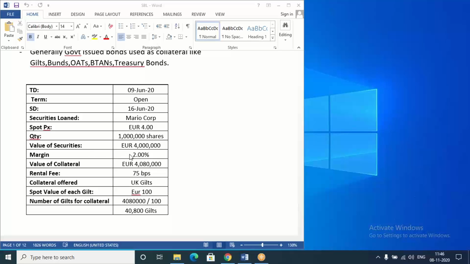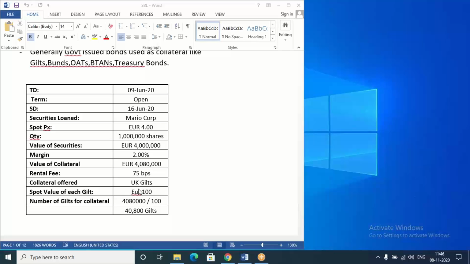The margin that the lender is charging is 2%. So 2% of 4 million, then add it onto 4 million. The total value of the collateral is 4,080,000. The rental fee that the lender is charging is 75 basis points. Now, the collateral the borrower offers is UK gilts or UK government bonds.